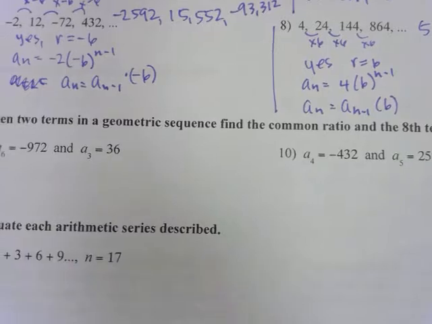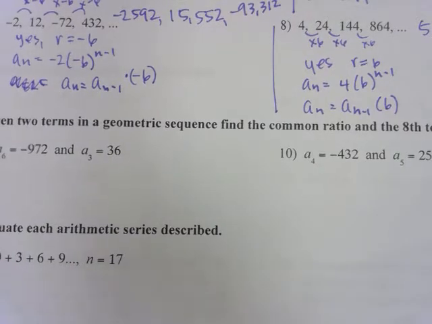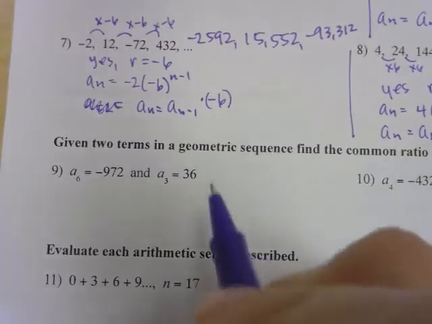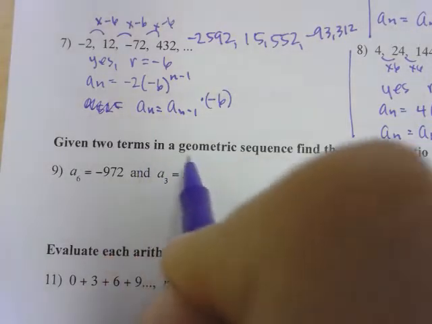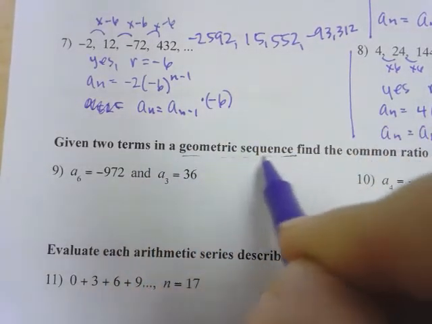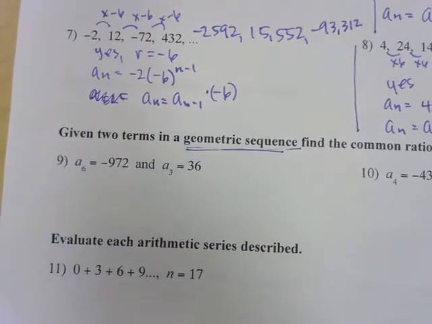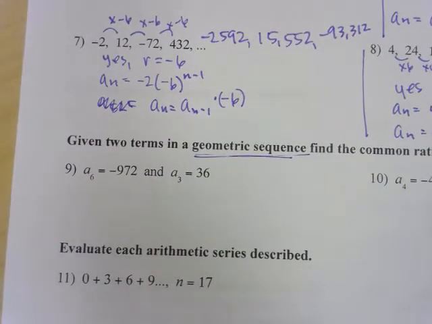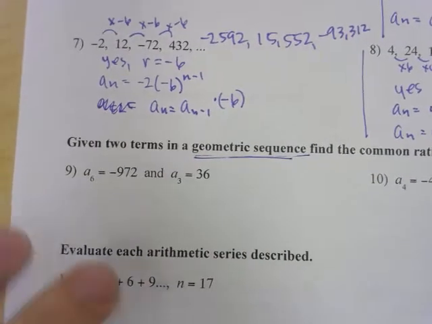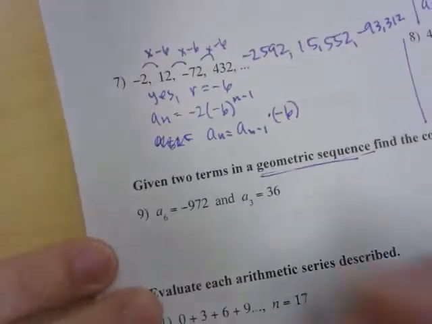Cool. The next two questions, given two terms in the geometric sequence, find the common ratio and the eighth term. So these are big indicators. What would you do if they're geometric? Because you would do something different if it was arithmetic.